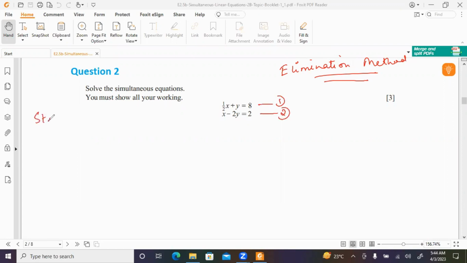For elimination, step 1 is choose a variable that you would like to eliminate.